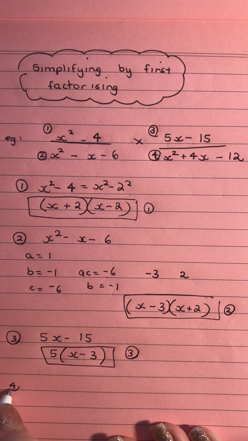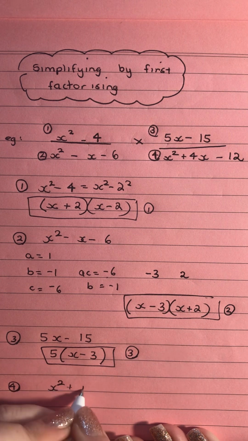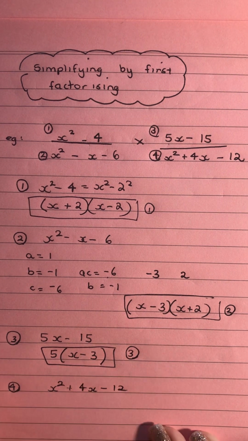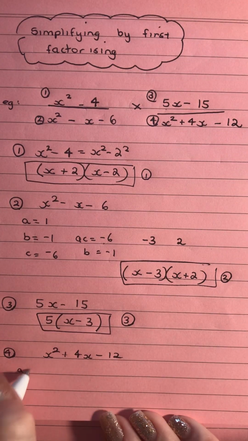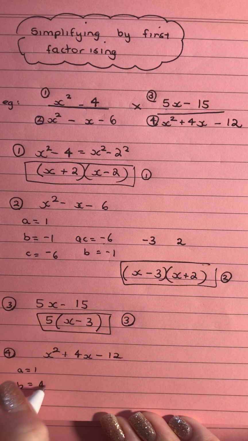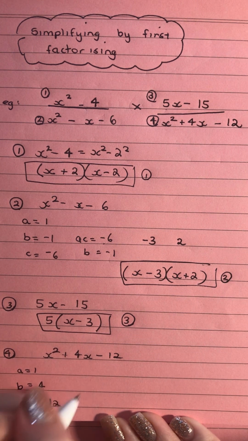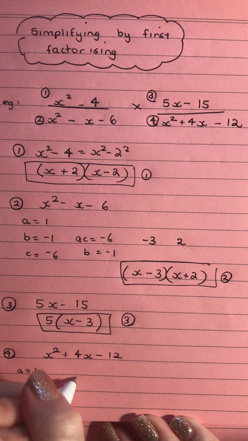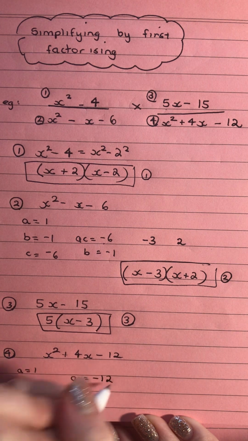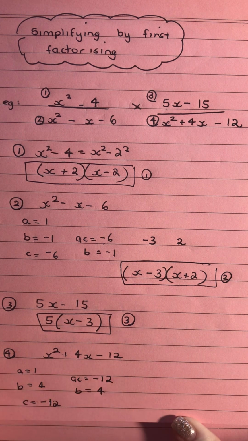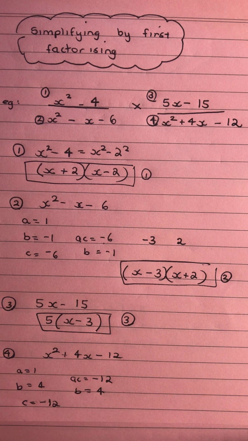And then number 4 I've got is x squared plus 4x take 12. So I've got my a equals 1, b equals 4, c equals minus 12. So something that will multiply to give minus 12, but add to give 4. So that means I want two numbers that have a gap of 4 to work there.